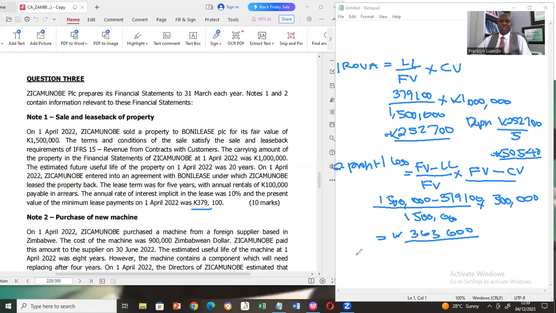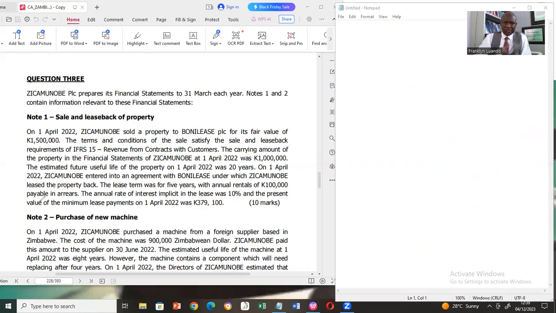Finance charges start with the liability. The liability we are given is 379,100.